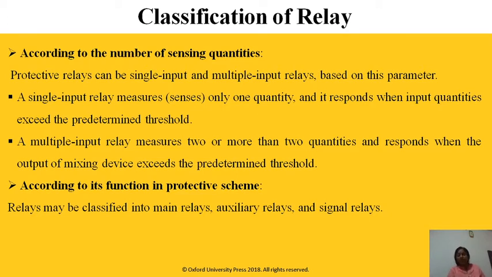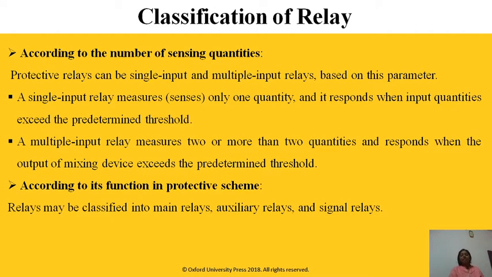A multiple input relay measures two or more quantities and responds when the output of a mixing device exceeds a predetermined threshold. Examples of single input relays are the overcurrent relay, under voltage relay and over voltage relay, while an example of a multi input relay is the distance relay, where the sensing parameters are voltage and current.